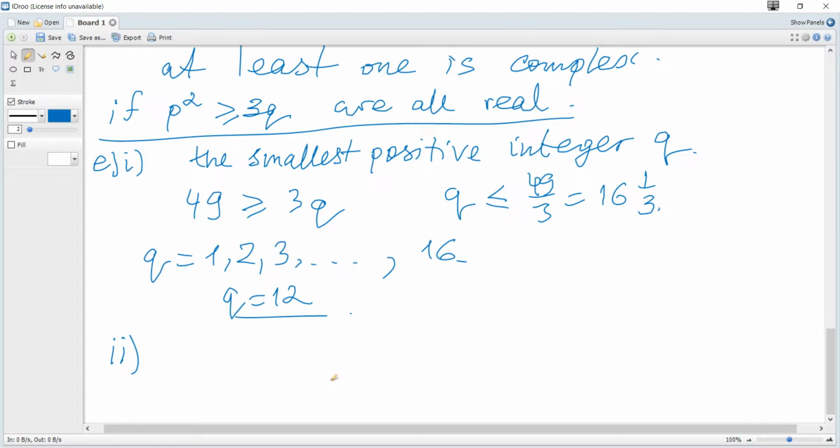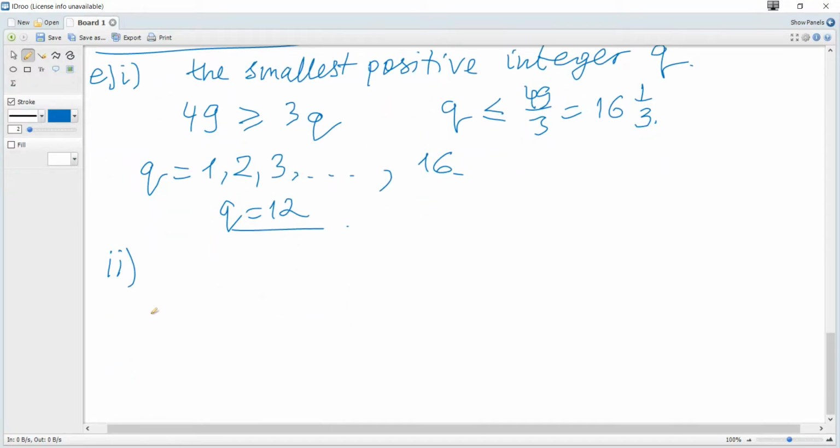Next, now consider polynomial equations of degree 4. The equation x to the power of 4 plus px cubed plus qx squared plus rx plus s is 0, where p, q, r, s are real, has roots alpha, beta, gamma and delta.